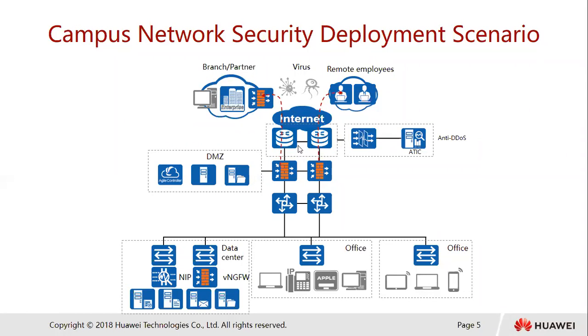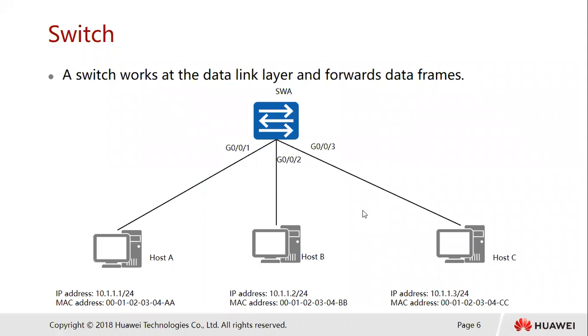So we have to try by all means to protect these devices which are facing the internet. Okay, all right. So we'll start now looking at these components of the network one by one. We are starting with a switch.